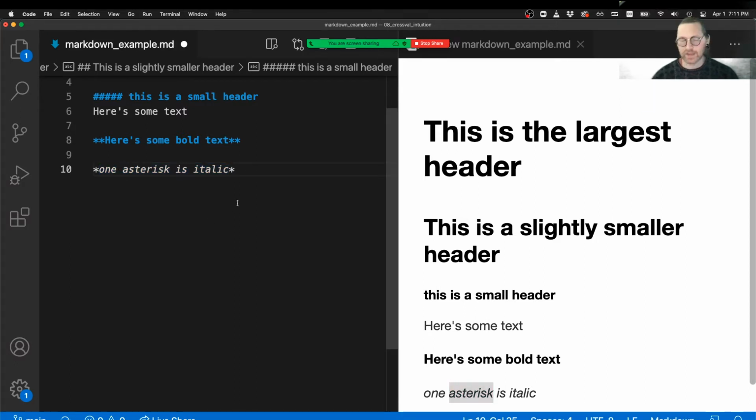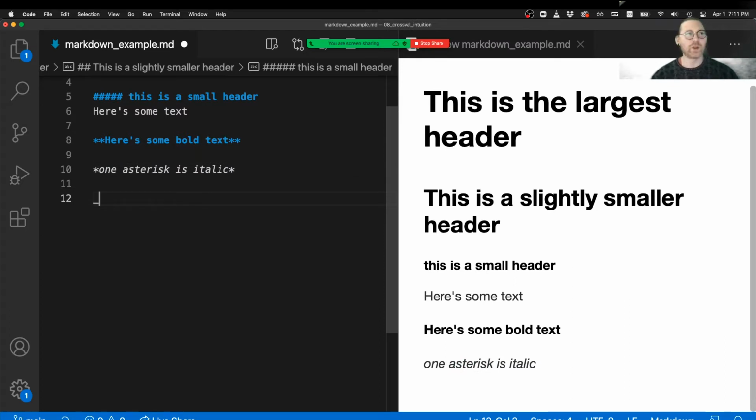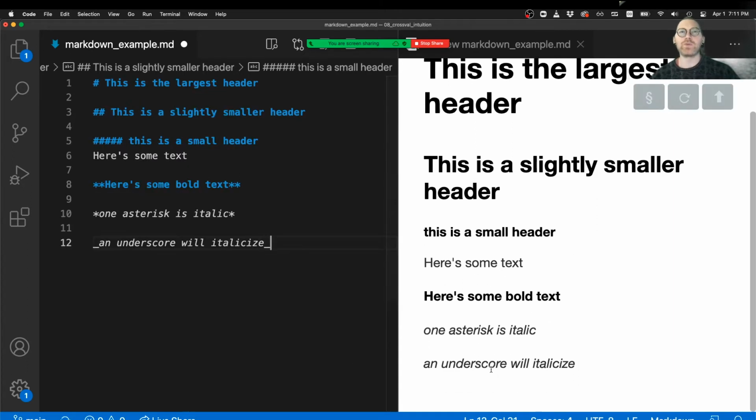We can also do an underscore, right? An underscore will italicize, and that's equivalent. We're seeing the same thing. So there are a couple different ways to do a lot of things here.